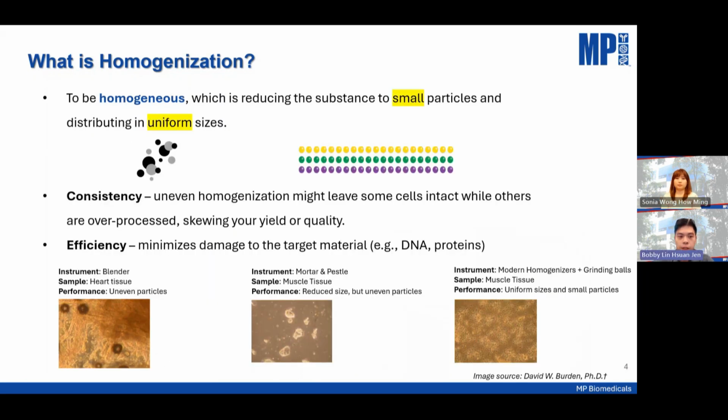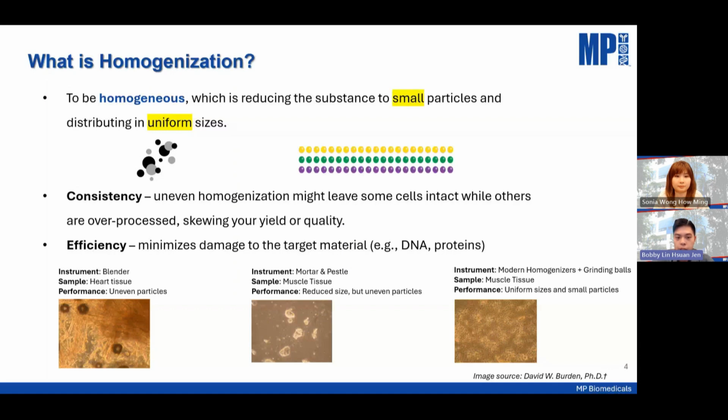All right, so moving on, another concept of homogenization essentially boils down to two important criteria, which is being able to reduce the substance to a very small particle, and not just small, we also want to achieve a distribution in uniform sizes. So the two concepts include, number one, consistency. Consistency is the ability to achieve the same uniform sizes of our samples.